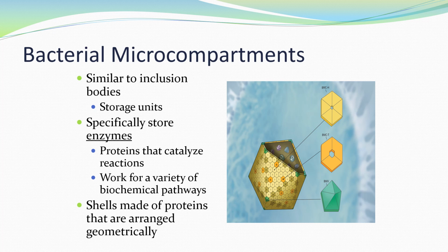Remember that enzymes are going to speed up reactions, so these are just compartments that hold those enzymes to help with those processes later. The shells are made of proteins that are arranged geometrically to specifically hold that specific shape of enzyme.